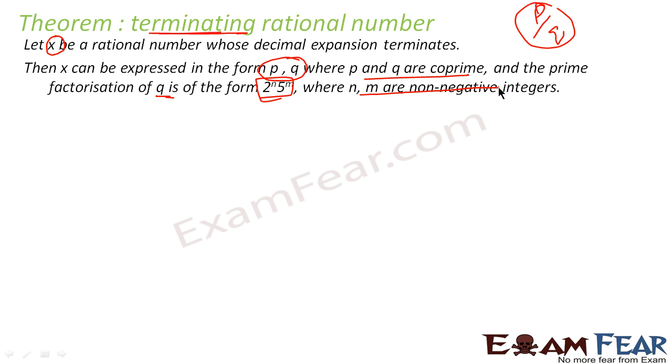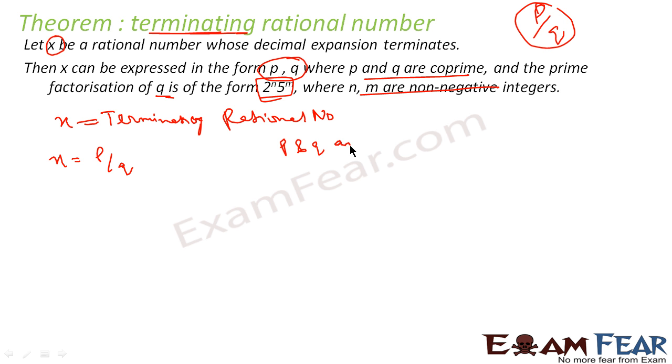Let me repeat once again. If x is a terminating rational number, then x can be written in the form P by Q, where P and Q are co-prime, correct?